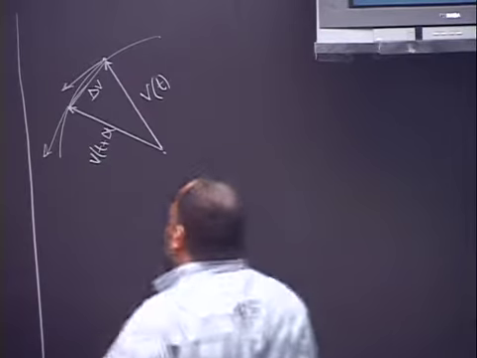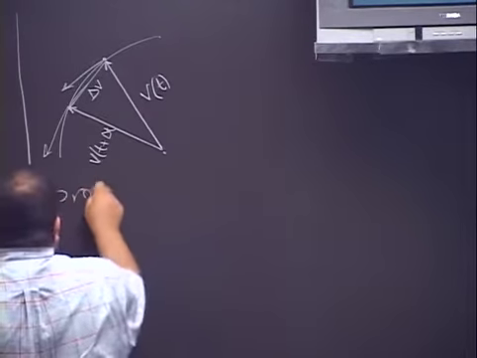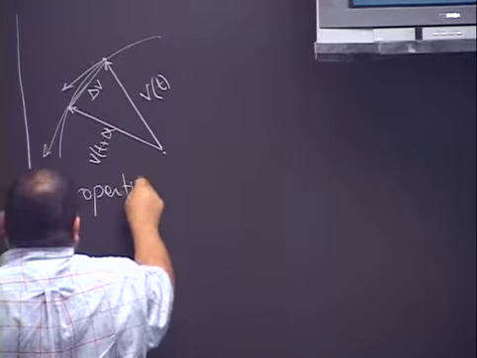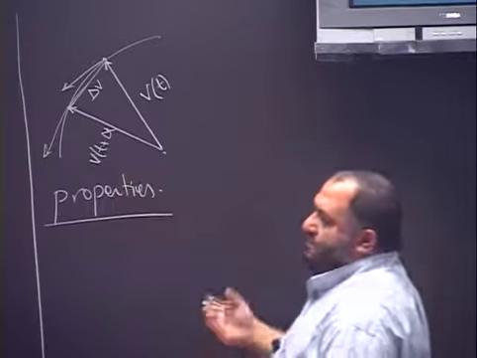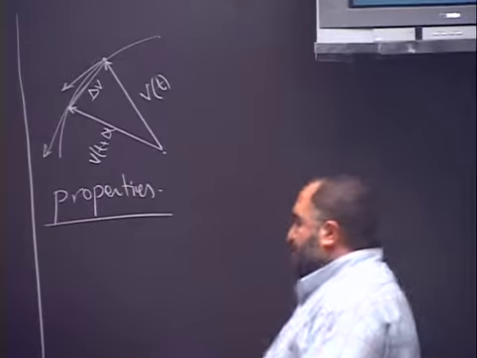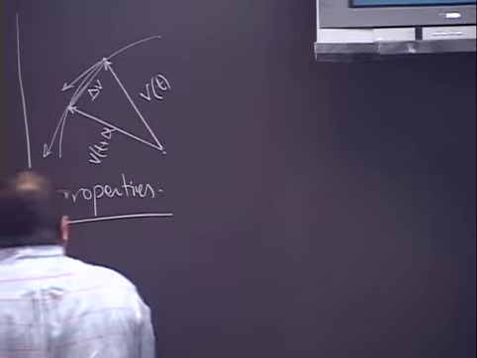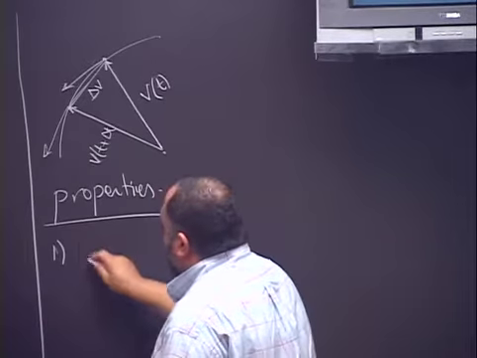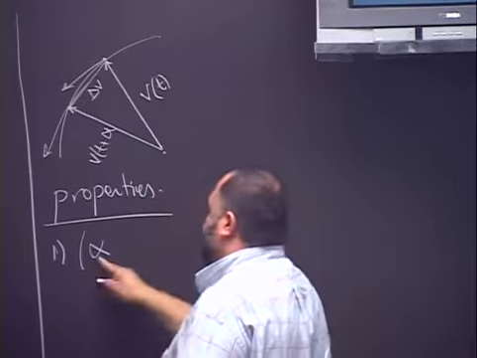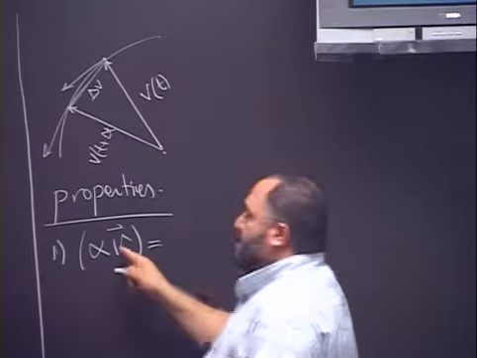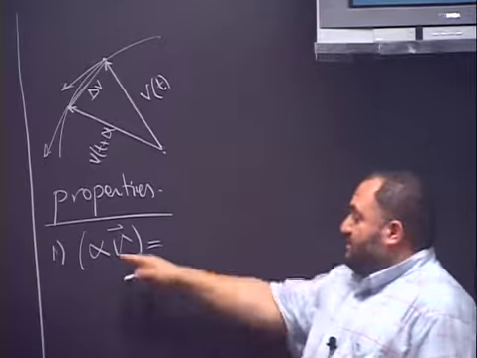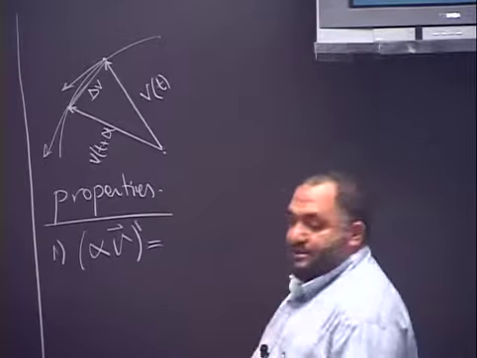So what are the properties of differentiating a vector field? The first property: if you have to differentiate a constant multiplied by a vector function, what's the result?